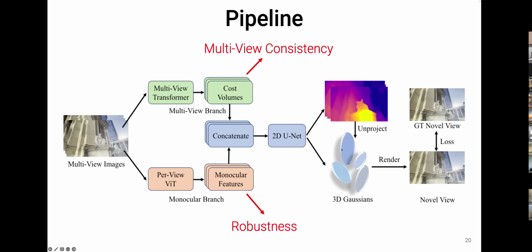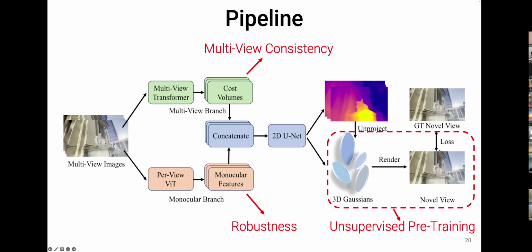We can project the depth to 3D because we know the intrinsic parameters and also the camera poses. Then you can just unproject it into 3D in the scene, and render these 3D Gaussians to novel views, with the loss only on the RGB.